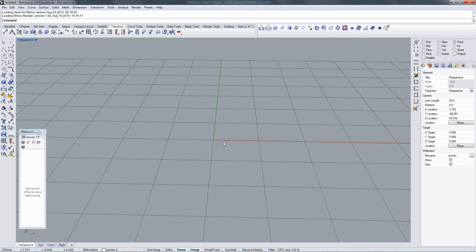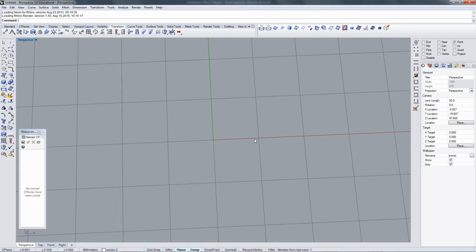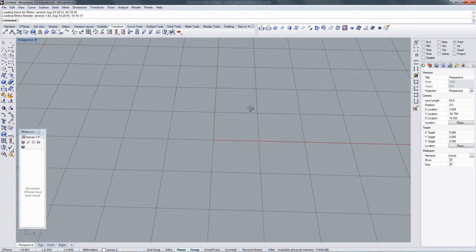In world coordinates, X runs right and left, Y runs up and down, north and south, and Z comes directly towards you.